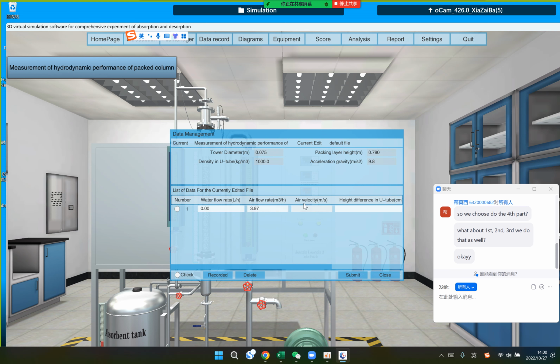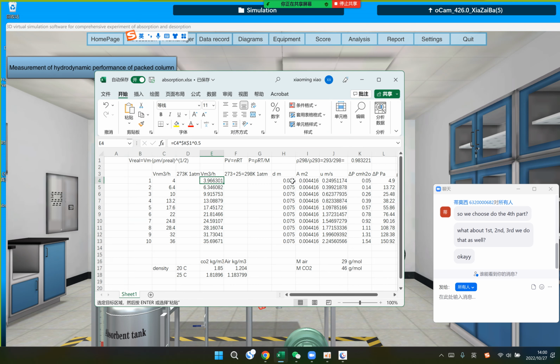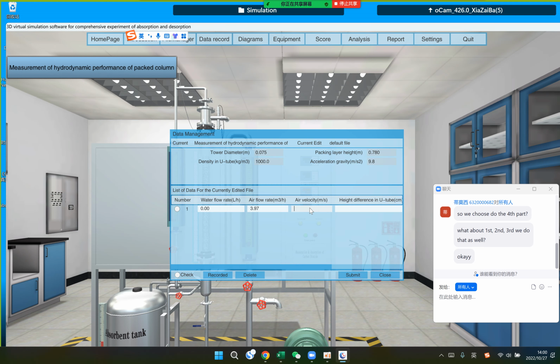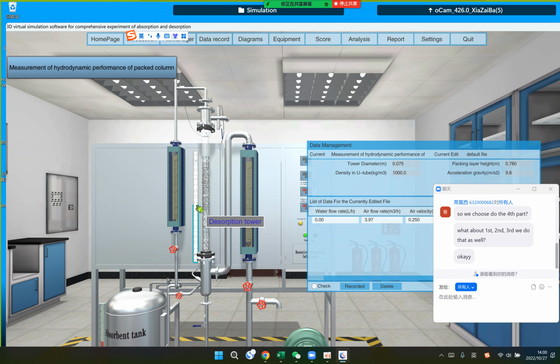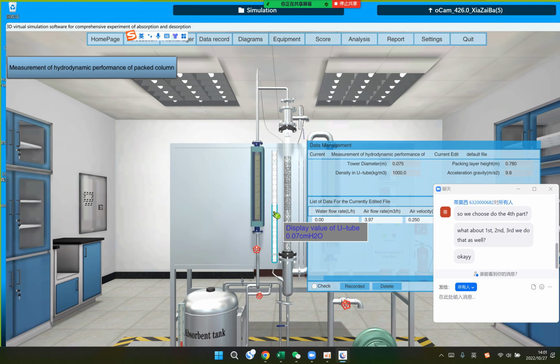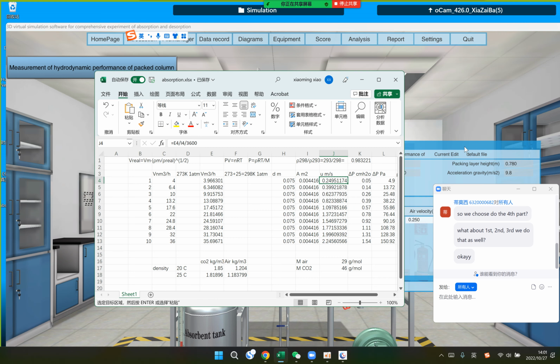And for the air velocity, because the diameter of the tower is something we know, we simply calculate the flow area for the tower and can calculate the velocity for the gas. And the height difference in the U-tube, we read from here. It is 0.07, something we can copy.